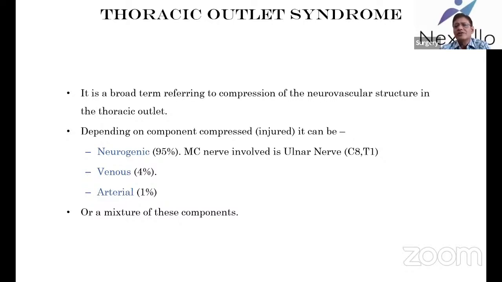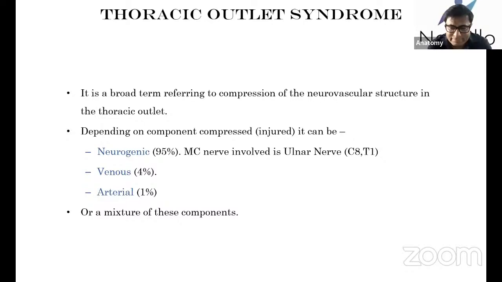The only difference is, as the nerves are more prone to injuries, they are easily injured, and therefore the clinical presentation of nerves is more common, and hence the commonest presentation is neurogenic. So this was dependent upon which structure was compressed.